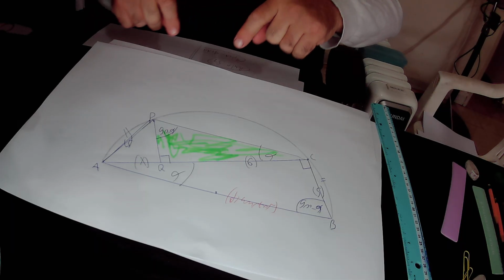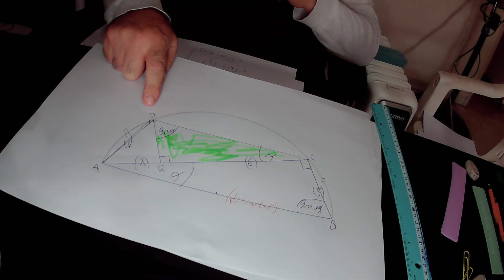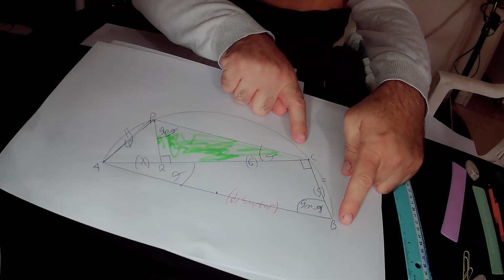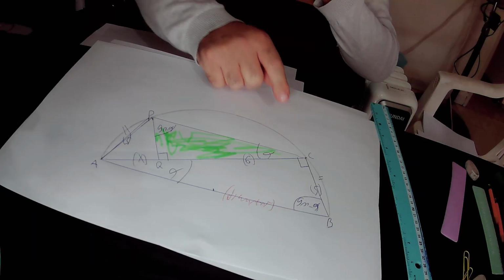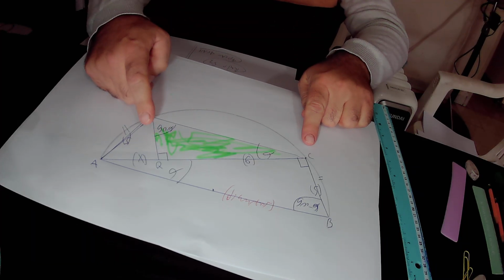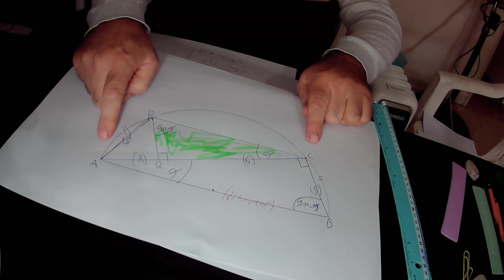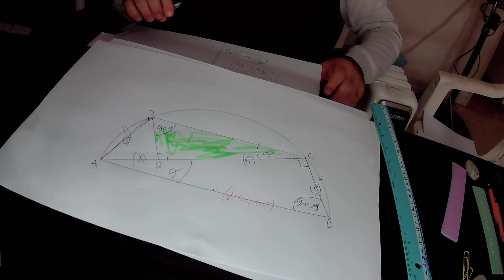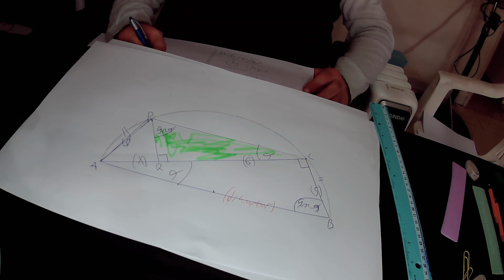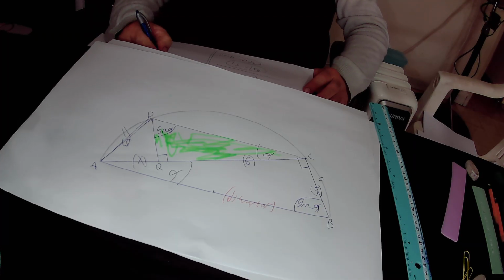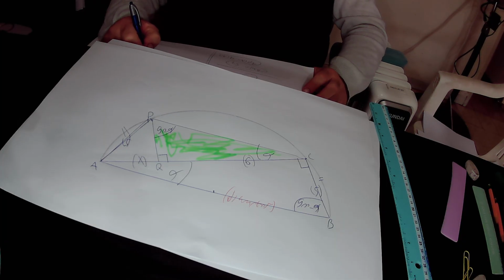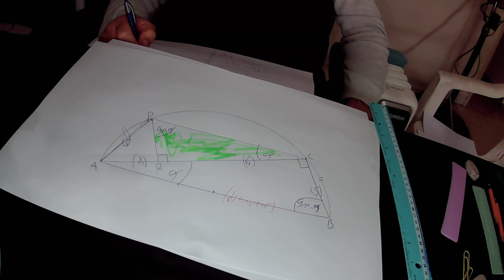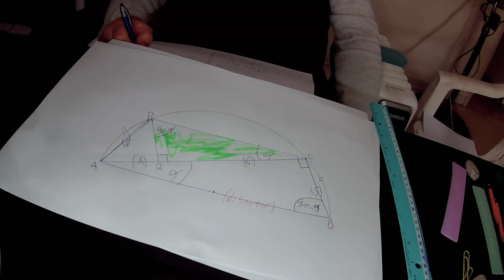Side PQ of this right triangle PQC over side CB of this right triangle ABC is equal to side QC of this green triangle PQC over side AC of this right triangle ABC. So PQ over CB equals QC over AC.